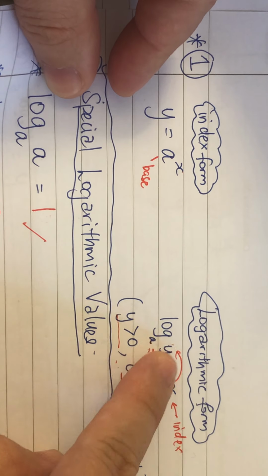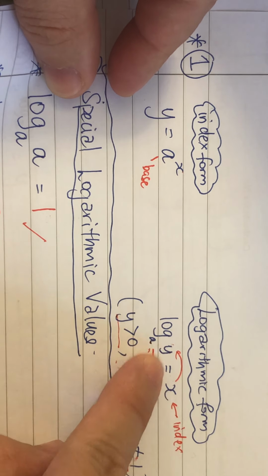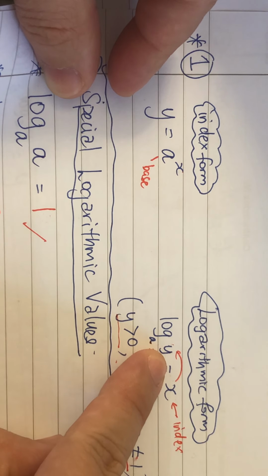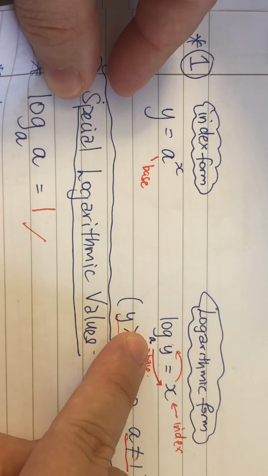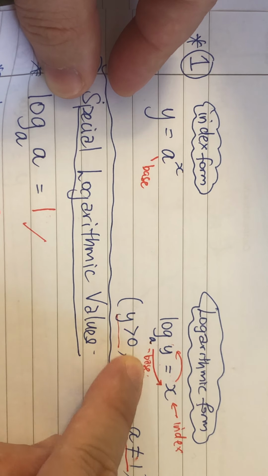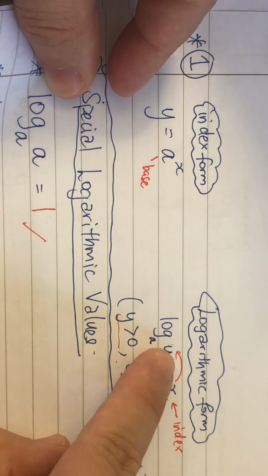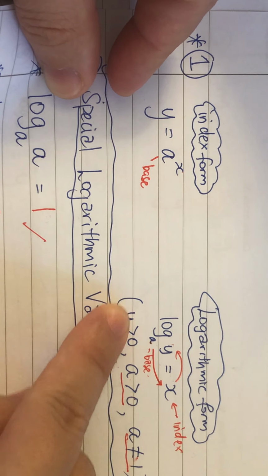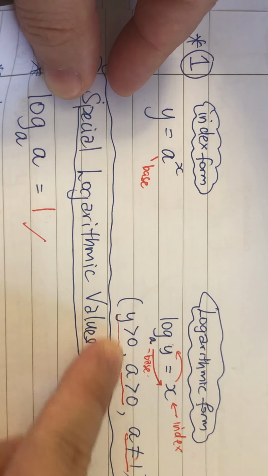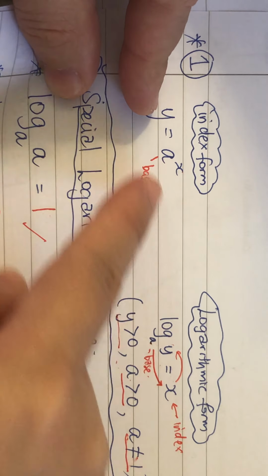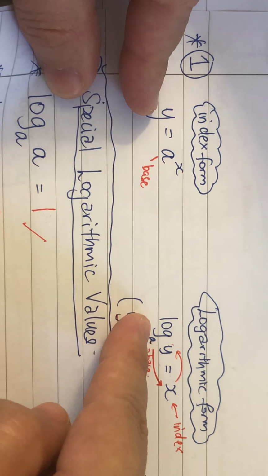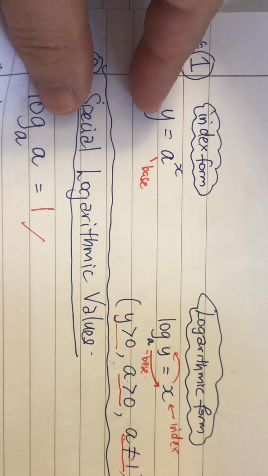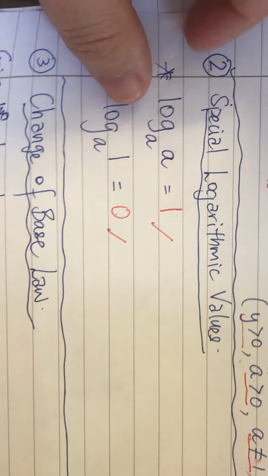And your y, what we call the argument of the logarithm, must be greater than 0, because when you take a positive number to the power of something, it has to be positive. So please know these 3 conditions very well, and you must be able to switch from here to here without any problem.